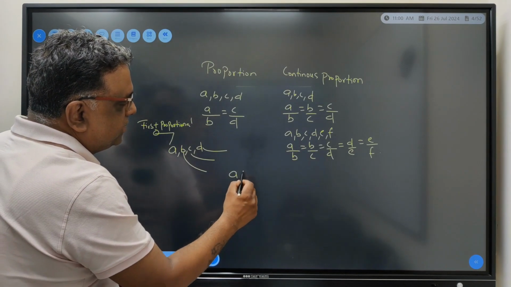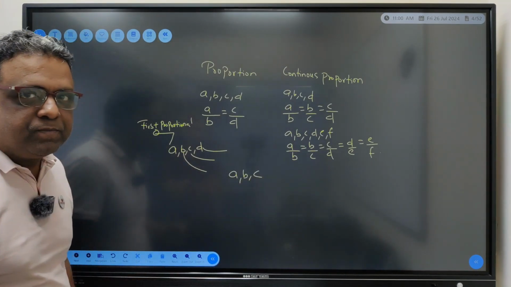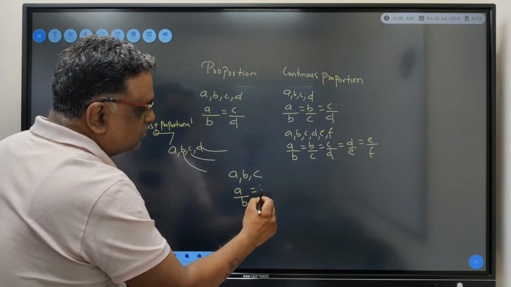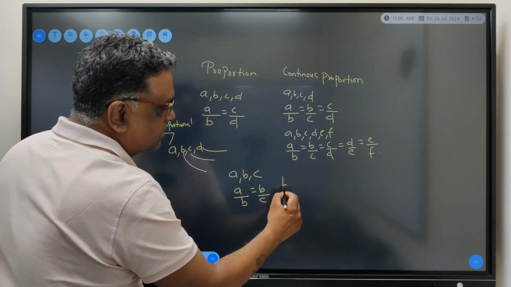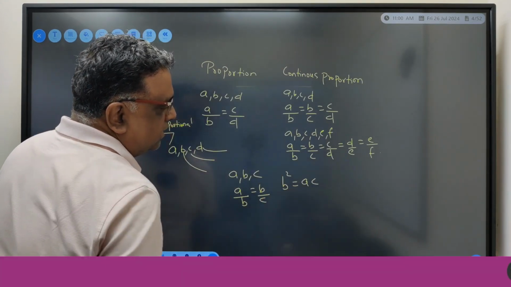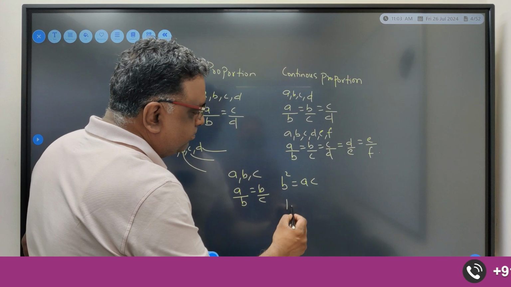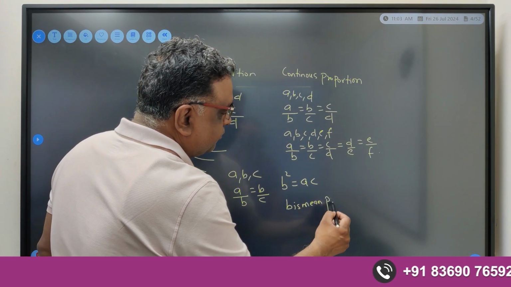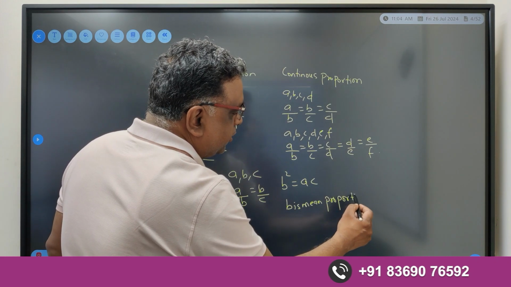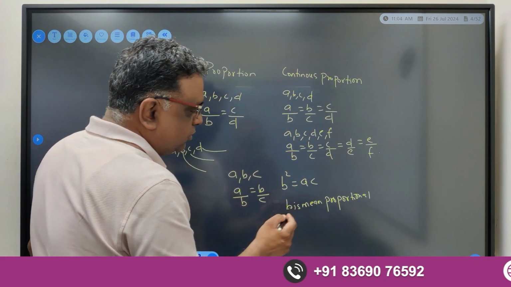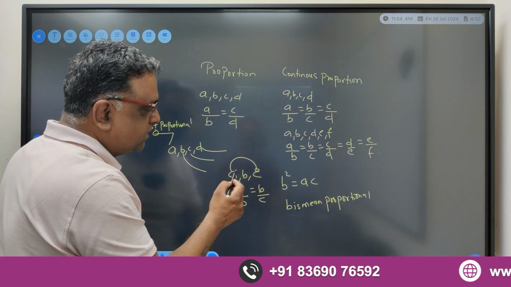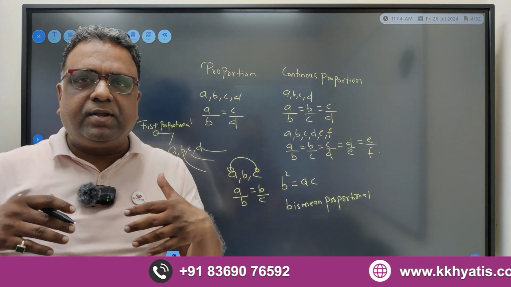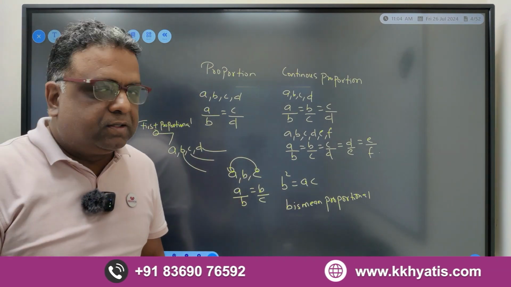Let us say A, B, C are in proportion, means A upon B is equal to B upon C, which means B square equals AC. Here B is known as the mean proportional between A and C. So you should know these basic concepts, and then we can start solving the sums.